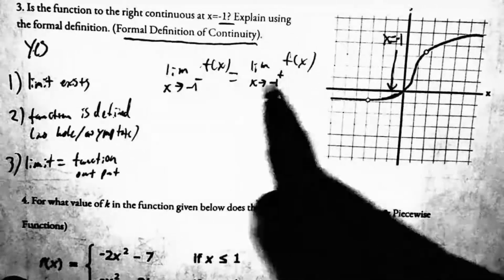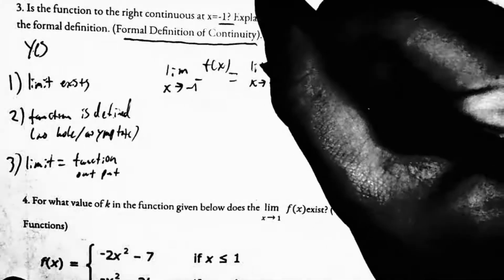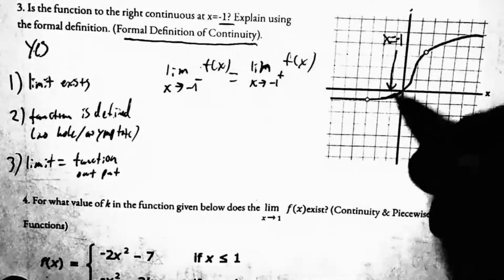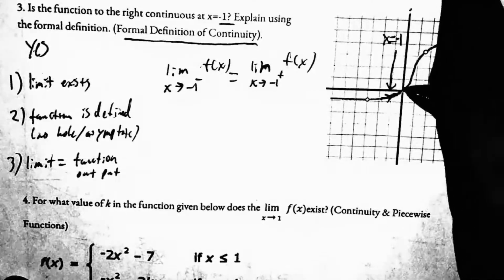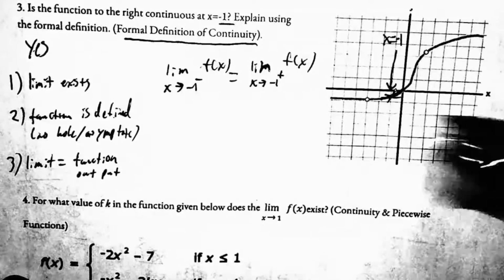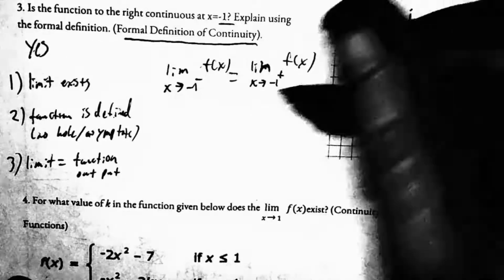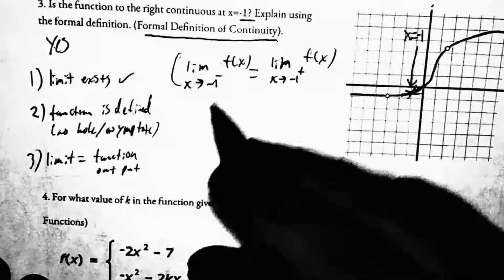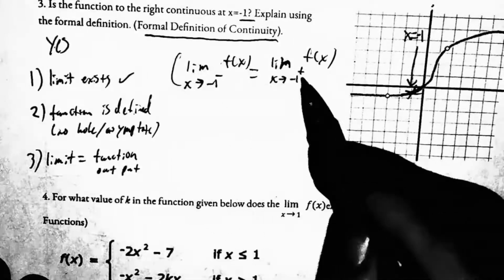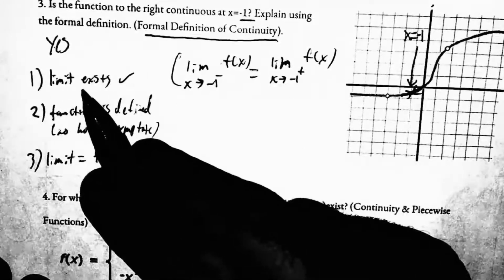Okay, this notation right here, I'm showing that the limit from the left equals the limit from the right. I'm showing that they're equal with this notation. So that's number 1. Check. This proves it. I need to see you tell me, okay, the limit from the left equals the limit from the right. So therefore the limit exists.